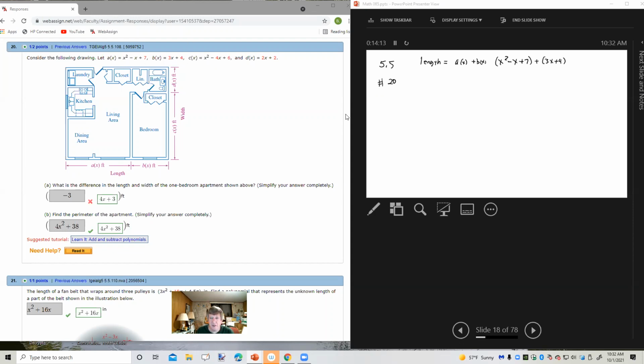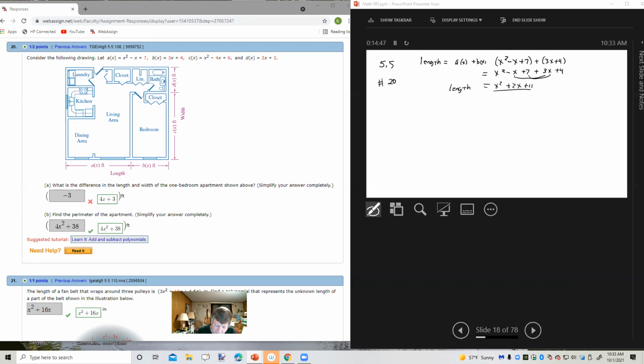So the length is a of x plus b of x. So that's equal to x squared minus x plus 7 plus 3x plus 4. Since there's either nothing in front of the parentheses or an addition sign, we just bring out what's inside the parentheses. Combining like terms, we get x squared plus 2x plus 11. So that is the length.